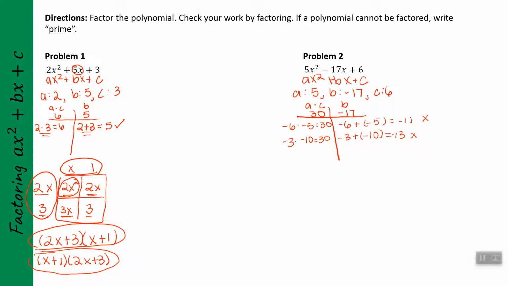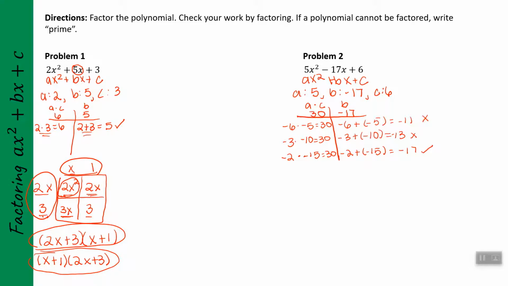And I was sitting here saying, what are other factors of 30? Well, negative 2 times negative 15 equals positive 30, and negative 2 plus negative 15 equals negative 17. And that works.